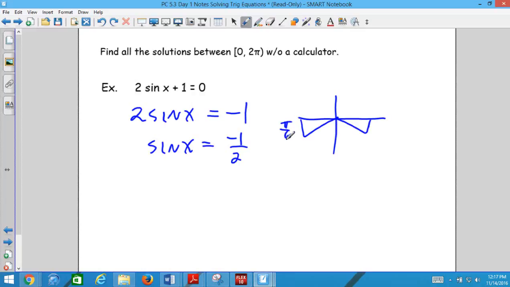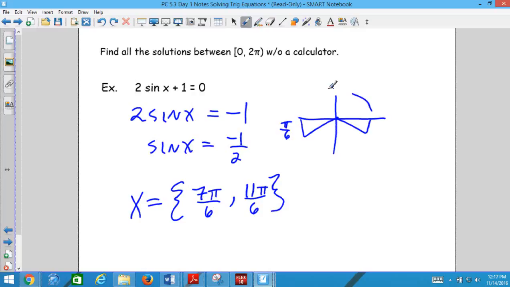So that one's going to be 7 pi over 6 and 11 pi over 6. You want to put those in order, like they would go around the unit circle. So it's basically like factoring, an extra step. We're just solving with the extra step at this moment.